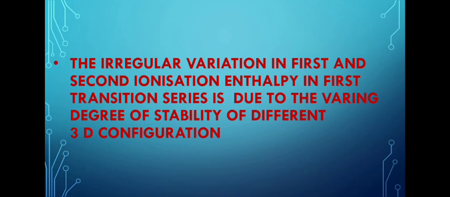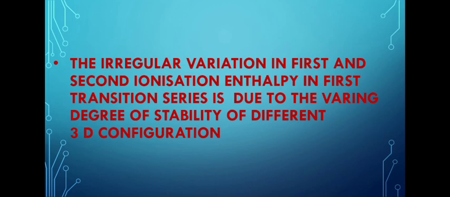Similarly, in the case of zinc, you can see that the first two ionization enthalpies of zinc are low, but the third ionization enthalpy is high. Here the reason is again the configuration of zinc, argon 3d10 4s2. It is easy to remove two electrons, and after removing two electrons, the third electron cannot be easily removed from zinc as the configuration is very stable.